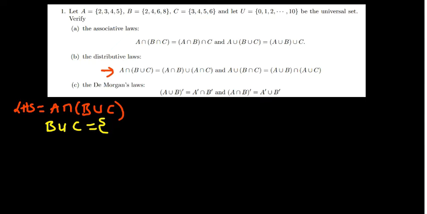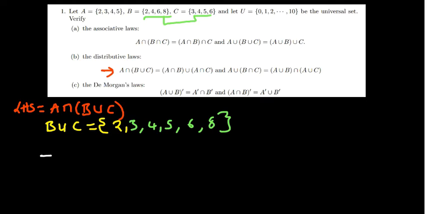I combine B with C, so we'll have 2. Look at these two sets, B union C. I have 2, and then I've got 3, 4, 5, 6, and then I go back to my set B. There's a bigger number there, 8. So that is our union of the two sets.